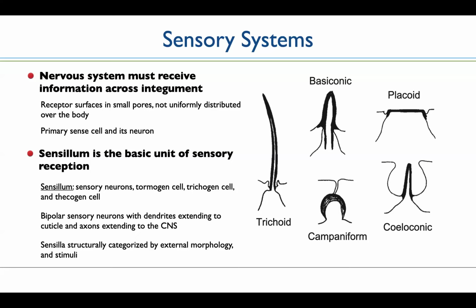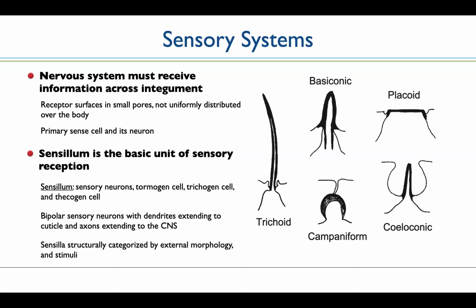With your trichoid and basiconic sensilla, you tend to have more of the gustatory and olfactory cues. With campaniform and placoid, these are mostly for body movement and orientation. Campaniform can also be for vibrational cues or substrate movements.